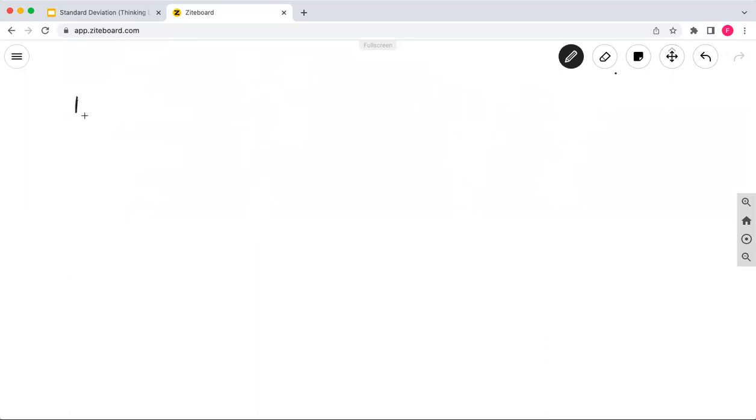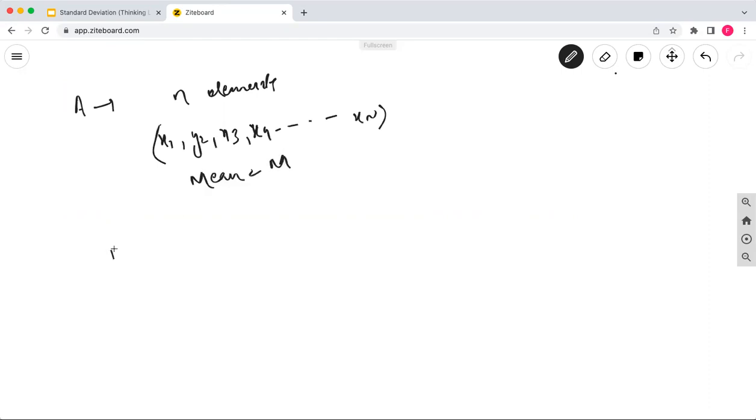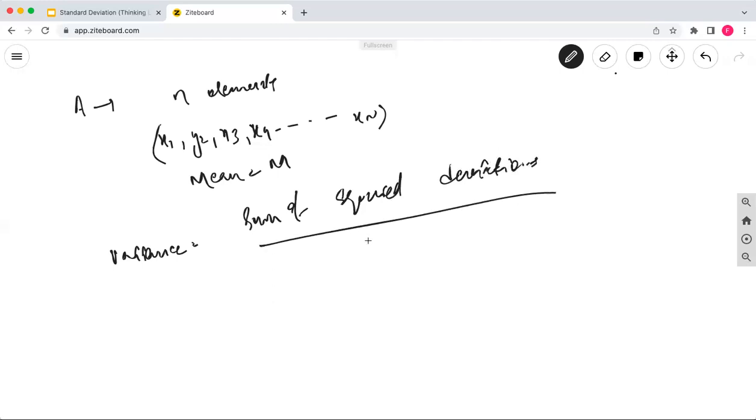If we have A having n elements, for example x1, x2, x3, x4 up to xn, and the mean is m, what is the variance? Variance is equal to the sum of squared deviations from the mean divided by the total number. We know the variance for the first data set, that is 26.